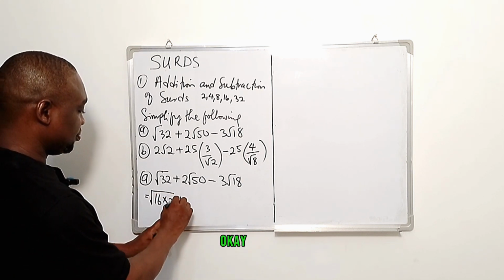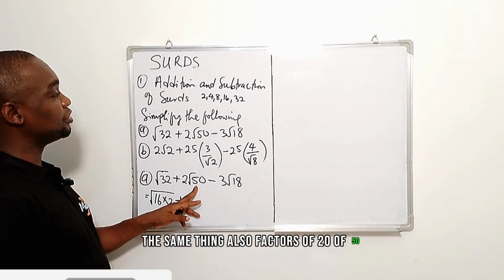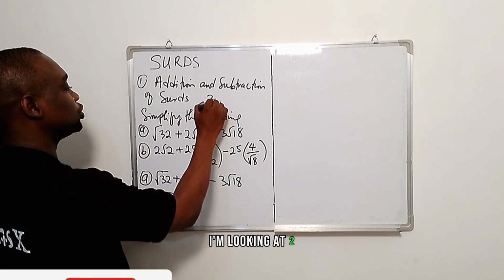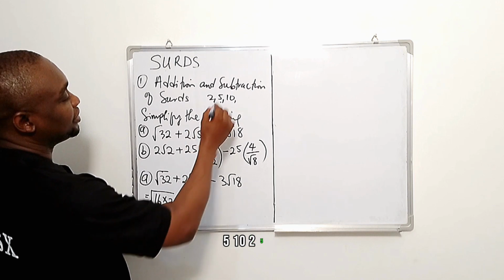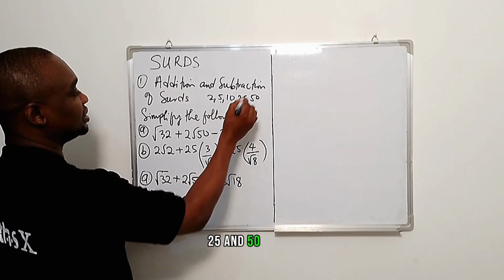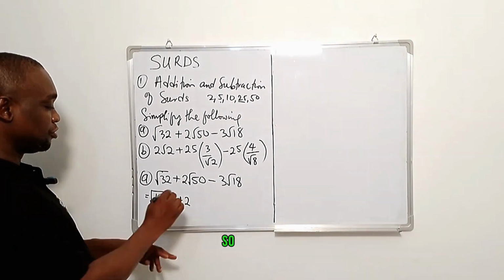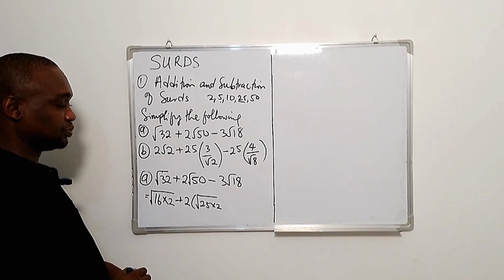Plus 2, the same thing also, factors of 50: I'm looking at 2, 5, 10, 25, and 50 itself. The biggest of them that is a perfect square is 25. So for this, I'll be doing this 25 times 2.